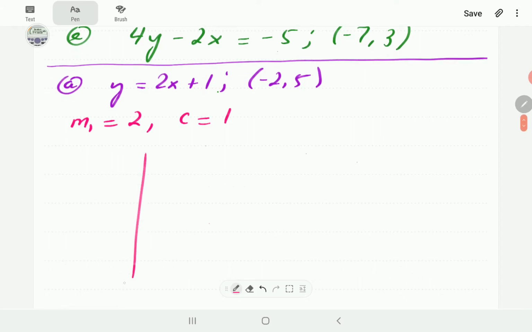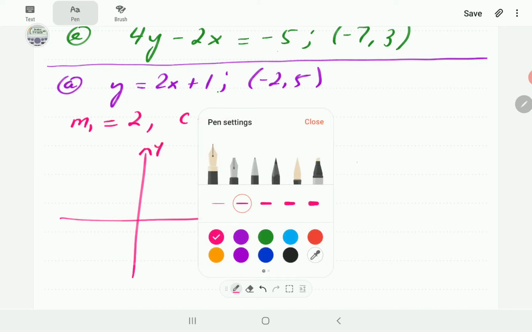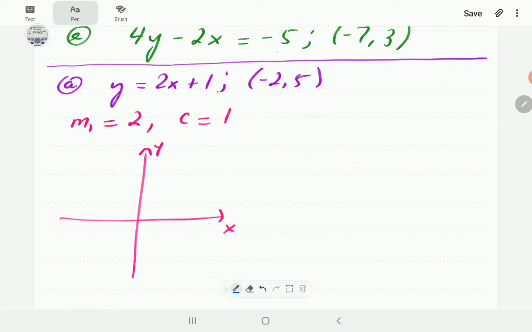And so from that we're going to make a quick sketch of what this line is going to look like. Since c is 1, this line is going to go through the vertical axis above the origin, and since m is positive, it's upsloping.